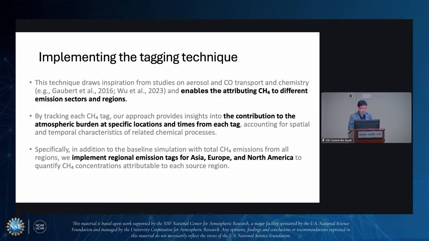Specifically, in addition to the baseline simulation with total methane emissions from all regions, we implement regional emission tags for Asia, Europe, and North America to quantify methane concentrations attributed to each source region.